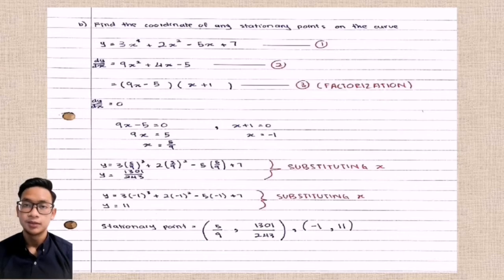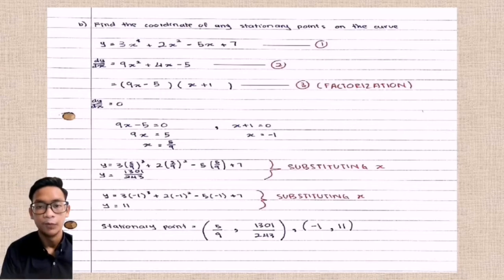Third step is we must factorize the equation of dy over dx. On this step, we can get the value of x. After calculating, I got first x is 5 over 9 and second x is negative 1.